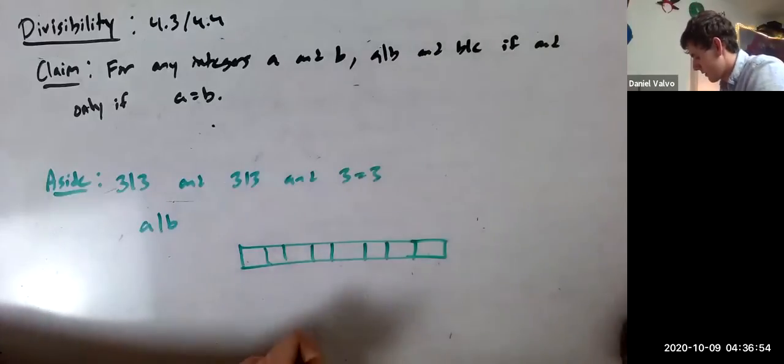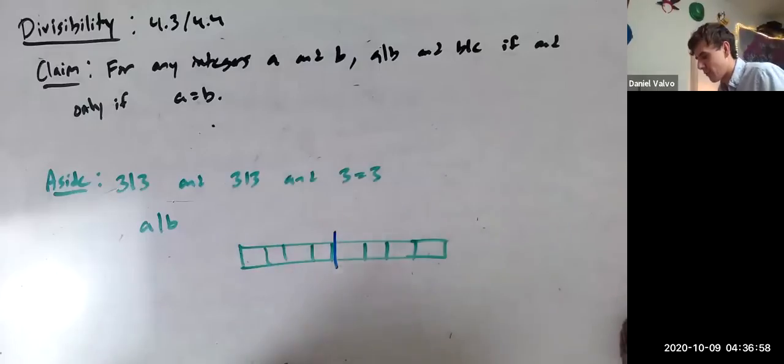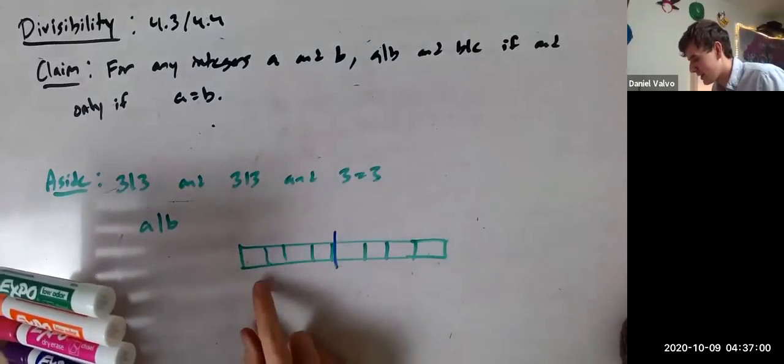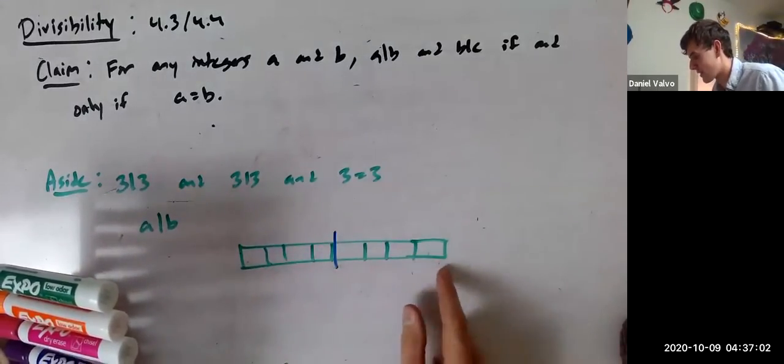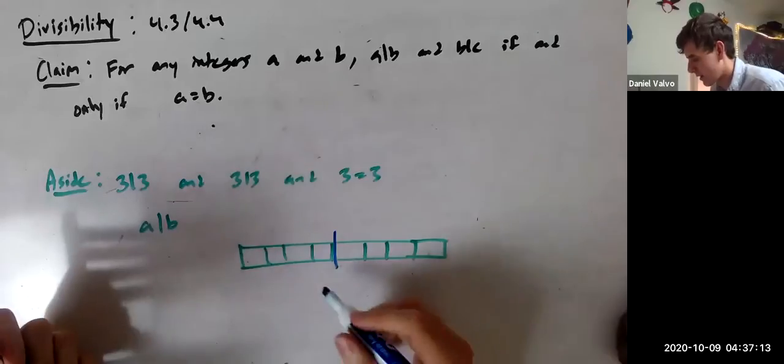Like this kind of diagram right here, I'm kind of saying that 4 divides 8, because 4 can kind of evenly fit into 8. You can divide 8 evenly into groups of 4, right? That's kind of what this is saying.